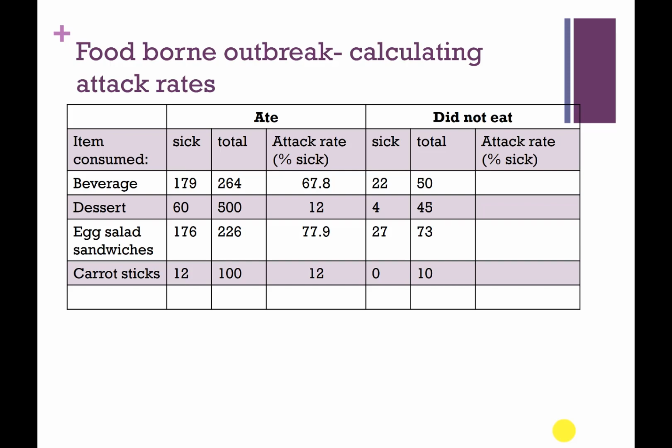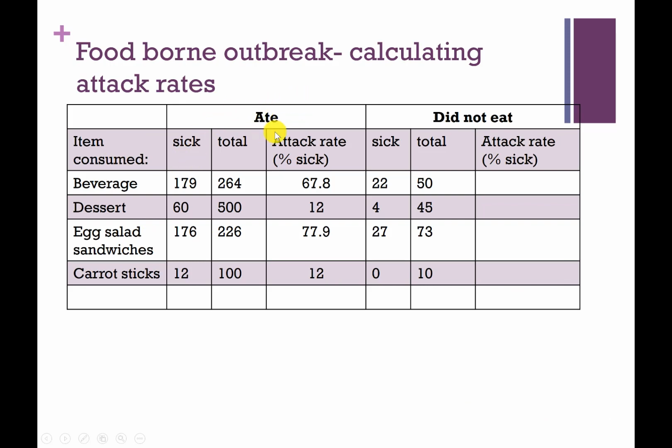If we use the formula for attack rates, we can calculate an attack rate for every single food item. So here we have beverage, dessert, egg salad, and carrot sticks. You can see here, if I may go with my mouse, you have the number of sick people.